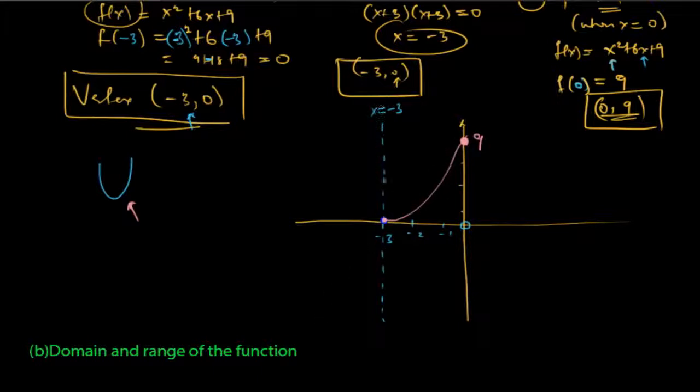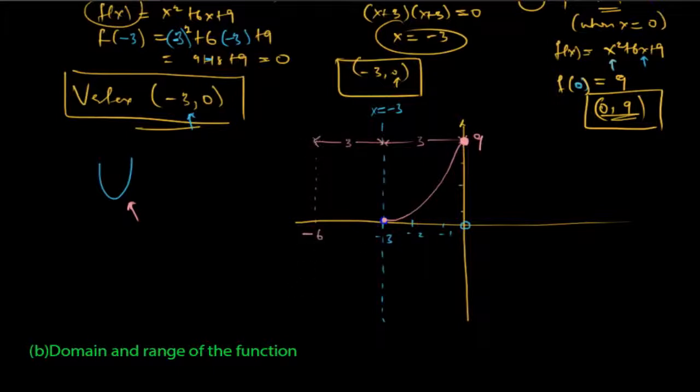Now since this is supposed to split the graph into 2 equal halves, from here to here is 3. That's 0, -3, -3. Since the axis of symmetry splits the graph into 2 equal halves, we should also have the same distance here. So if here is -3, then this point here corresponds to -6.